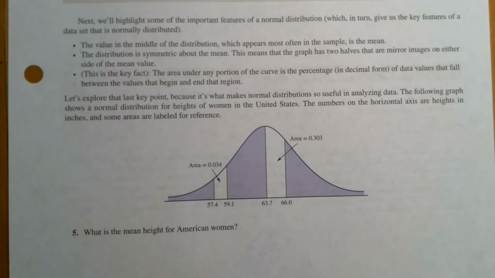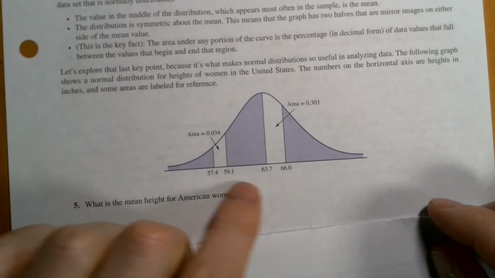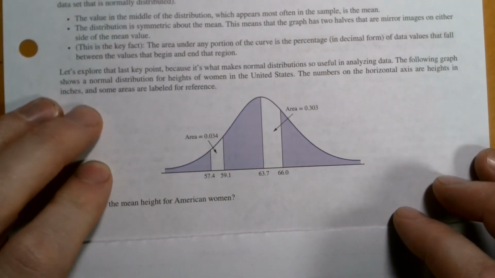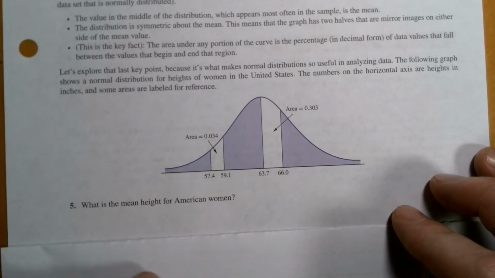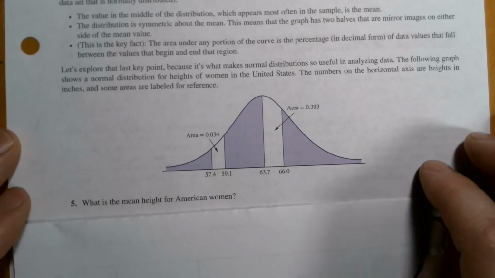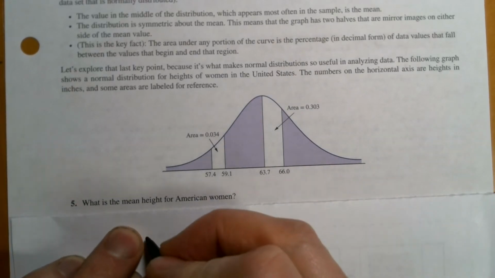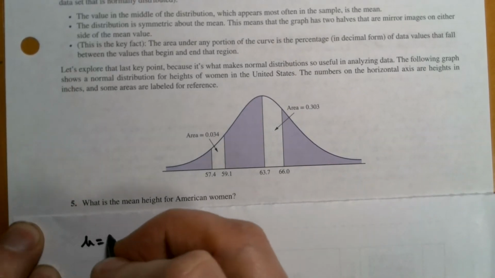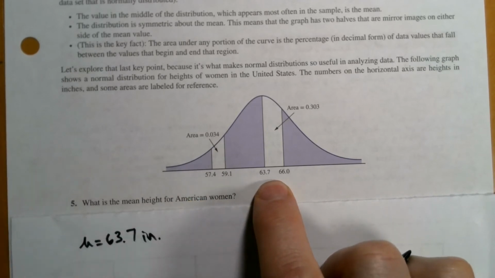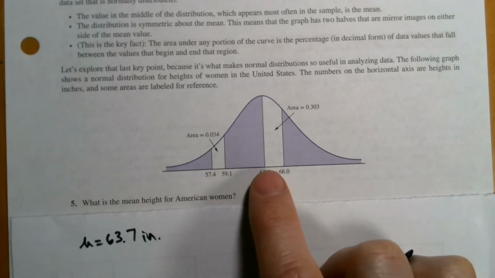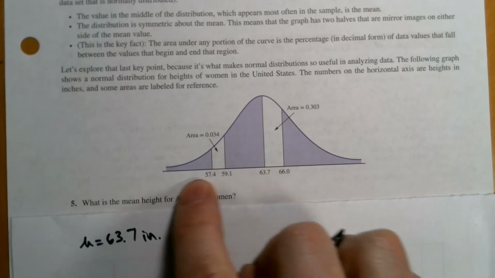So if we agree that this is in fact a normal distribution as it appears, and that these are the heights of women in, let's see, I believe this is in inches. Yeah, it's got to be in inches. Then we would say that the mean of the height of women is 63.7 inches, because that's the middle value of our graph. So then we'd say that 50% of the women are above, 50% are below.